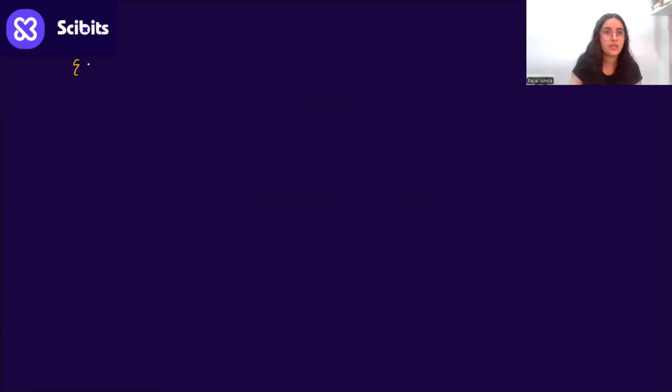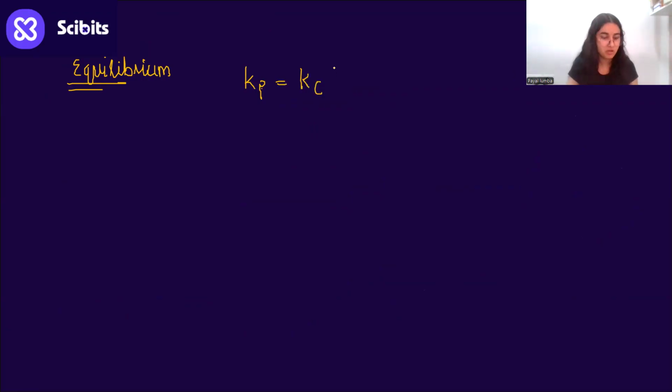Okay, let's move on to equilibrium now. The equilibrium constant at constant pressure, Kp, is equal to the equilibrium constant at constant concentration, Kc, times RT to the power del N. What is del N? This is the change in the number of gas moles.